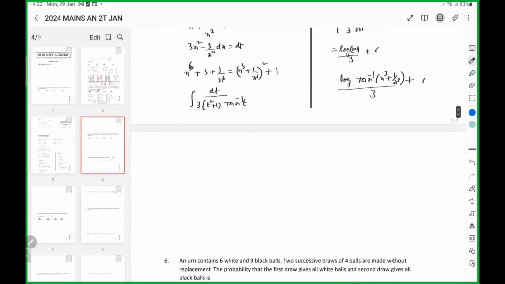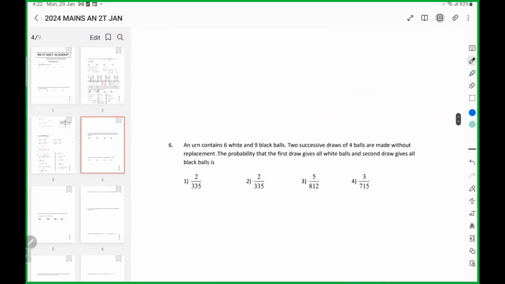First question. An urn contains 6 white balls, so number of white balls is 6, and number of black balls is 9. Two successive draws of 4 balls are made without replacement. So total number of balls is 15. Exhaustive cases: 4 balls are drawn.